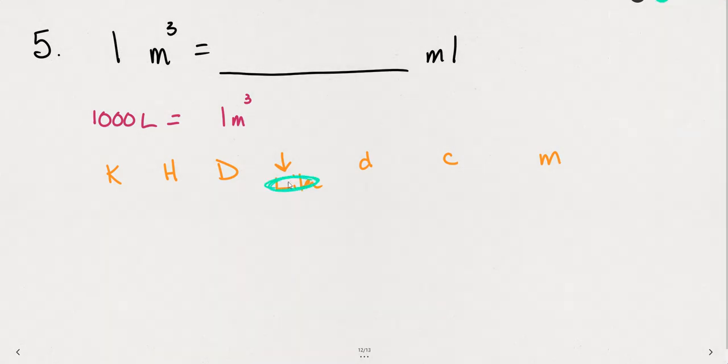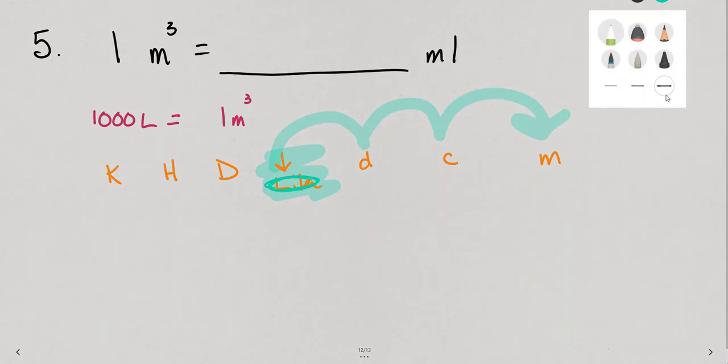So if I wanted to go from a liter to a milliliter, it looks like that would be starting here at the liter. It looks like it'd be 1, 2, 3 hops to the right.